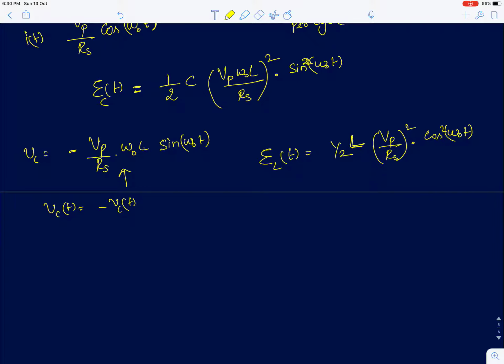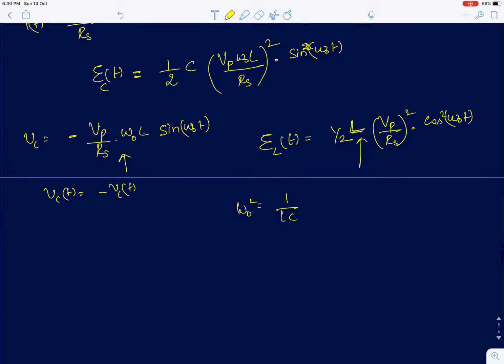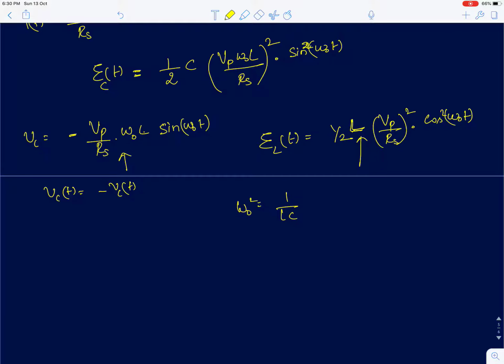Again, we can simply use the result that LC equals 1 by omega naught square, or omega naught square equals 1 by LC. So L will be simply 1 by omega naught square C.